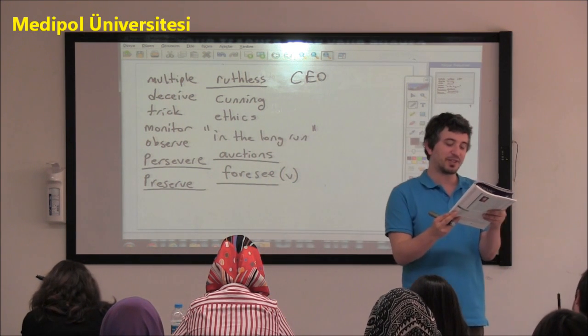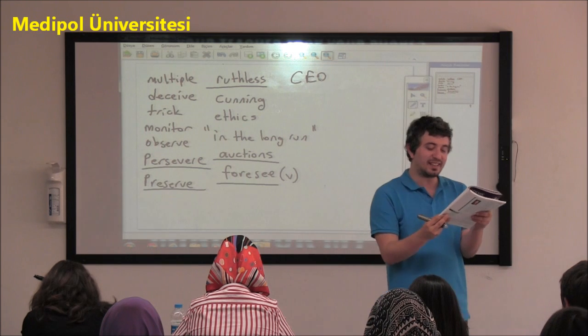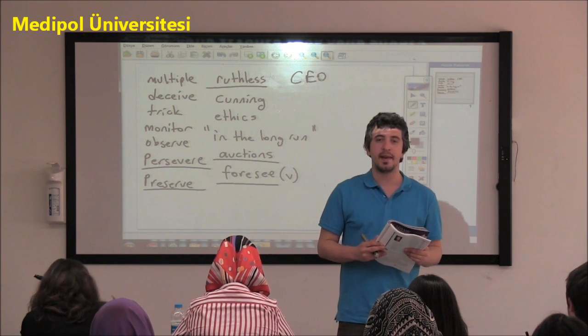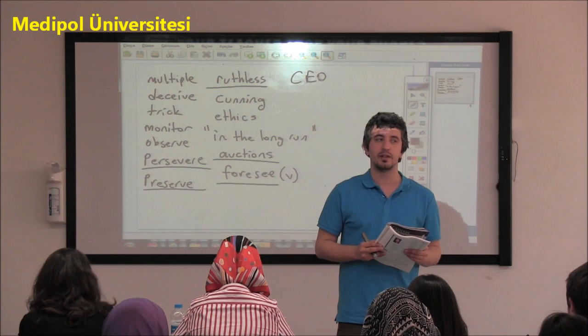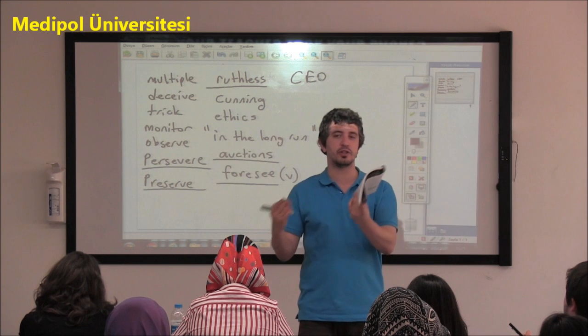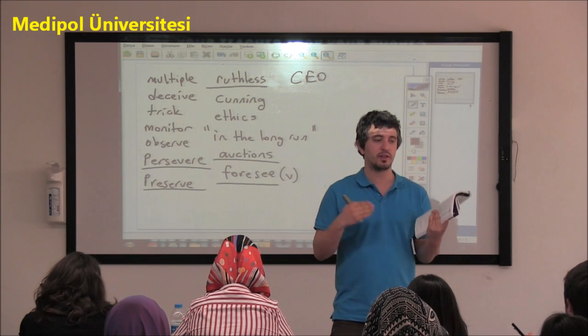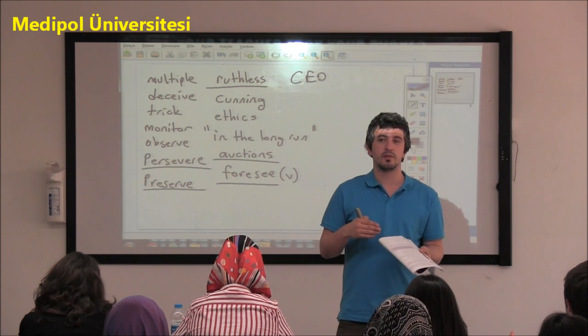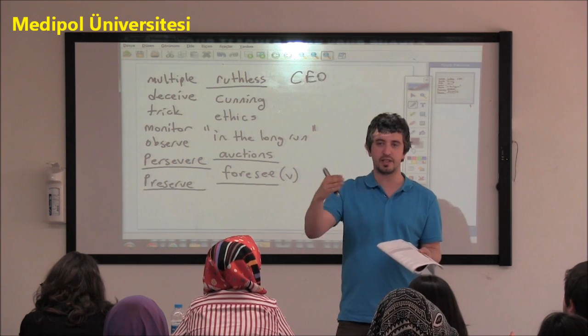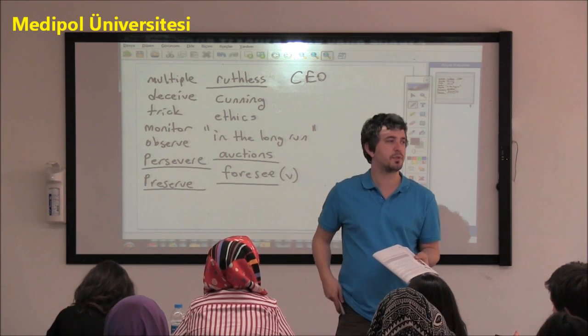She has been recognized as one of the world's leading female entrepreneurs. What's an entrepreneur? An entrepreneur goes into business ventures. What's a business venture? Starts a company and takes risks.